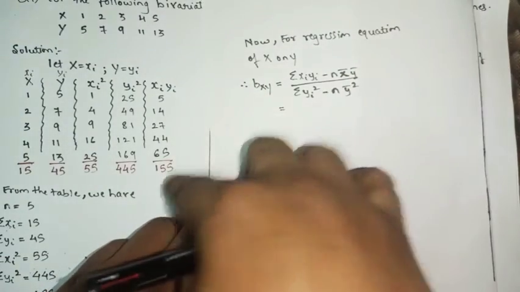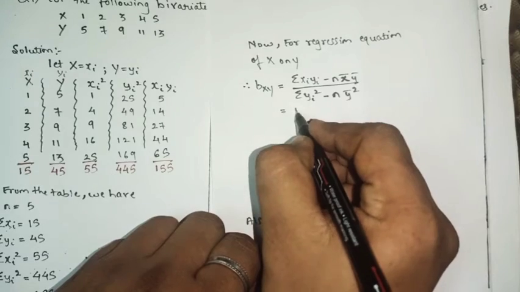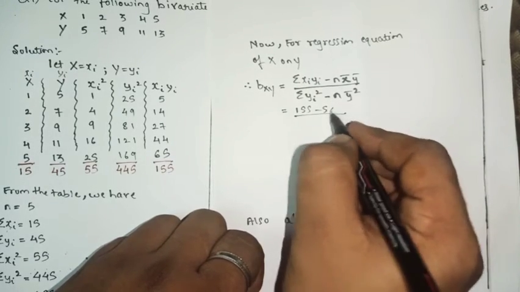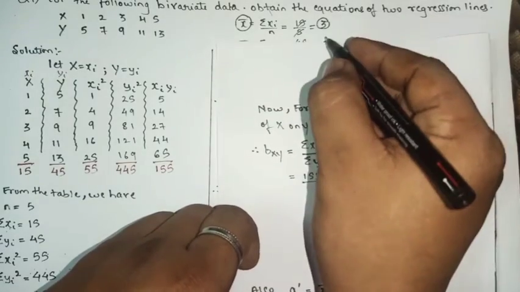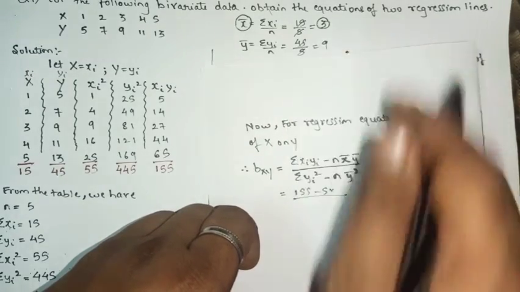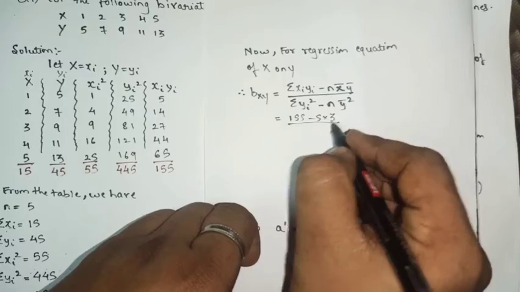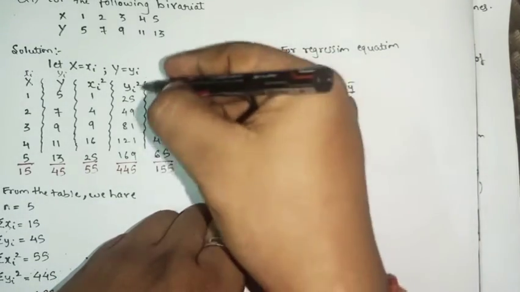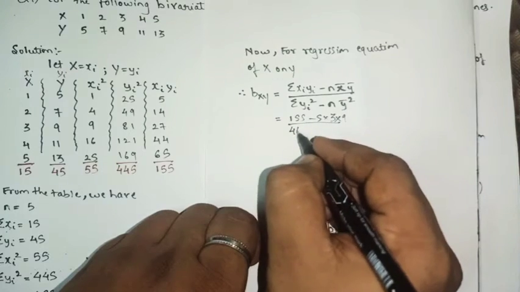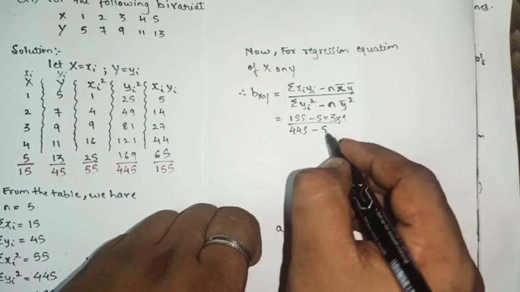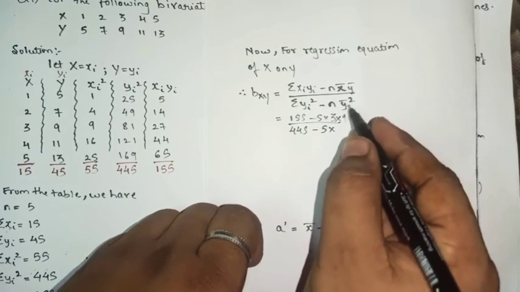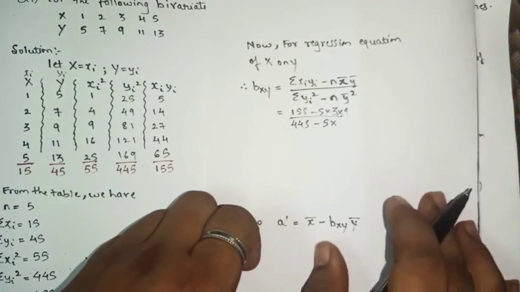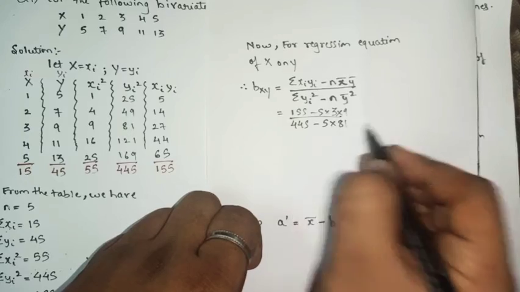So here the total of xi yi is what? 155 minus n, 5, x mean 3, y mean 9. So 3 into 9. Yes or no? Total of yi square. Yi square is what? 445 minus n, which is 5, y mean square. Y mean is what? 9. So 9 square is what? 81.